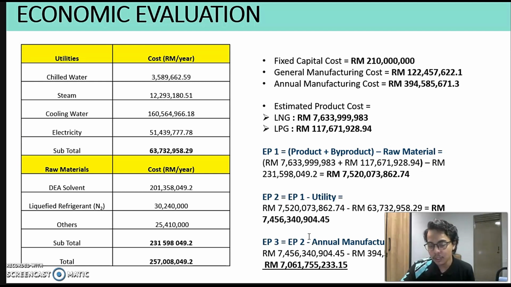And EP3, with the formula of EP2 minus annual manufacturing cost, has a very sustainable amount for this plant, which is 7 billion and 61 million ringgit Malaysia per year. So from this amount, it ensures the sustainability and relevancy of this plant to be operated at the industrial level.